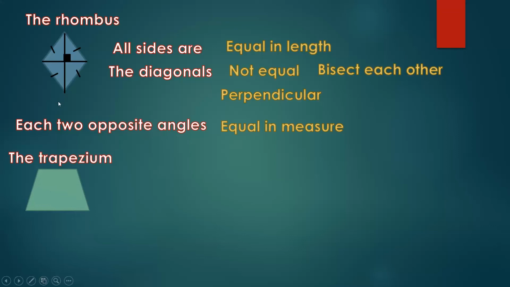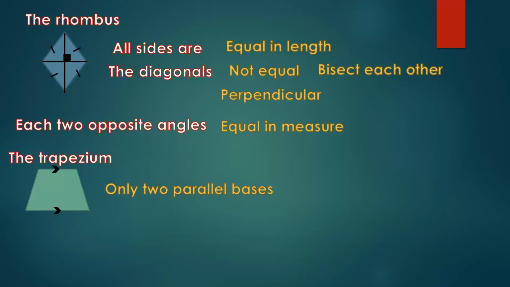The trapezium has two parallel bases only. So the common property between rhombus and square is equal sides and perpendicular diagonals. We said the common property between the rectangle and the square is that they have right angles and equal diagonals.